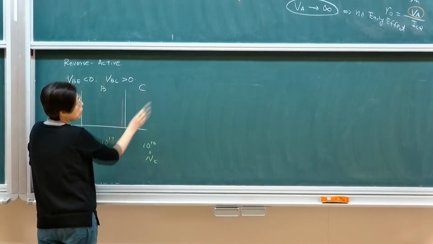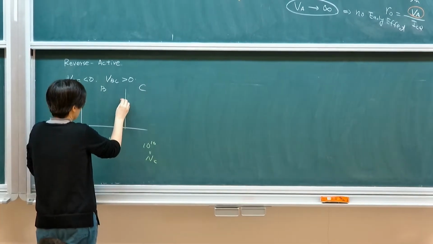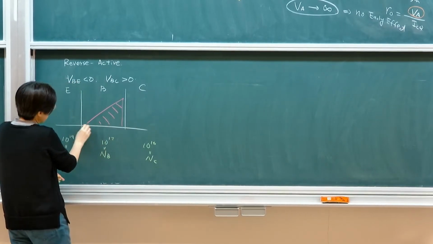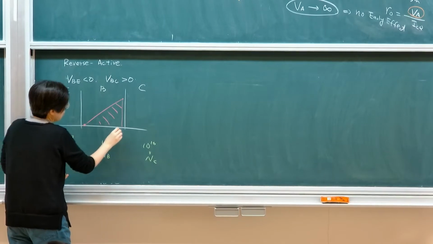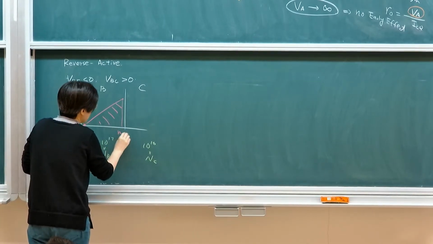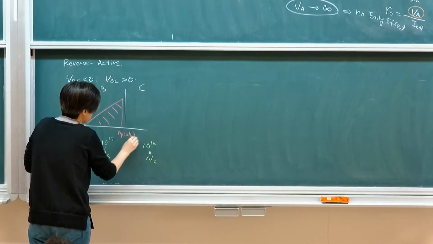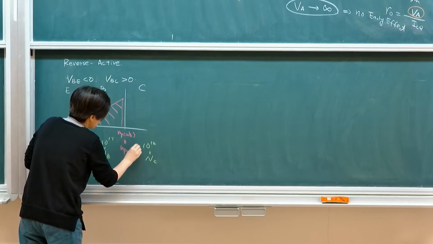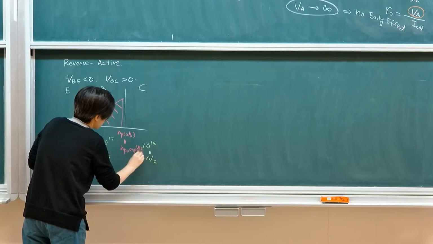This will be very similar to that, just in reverse. I'm reverse biasing this junction, so this will be down to 0. Then my Np at WB will be the highest, Np0 exponential.